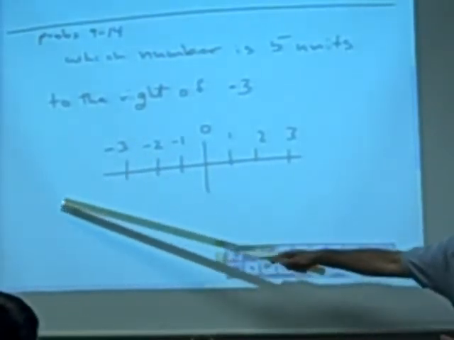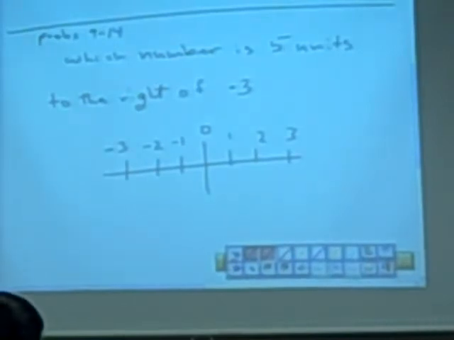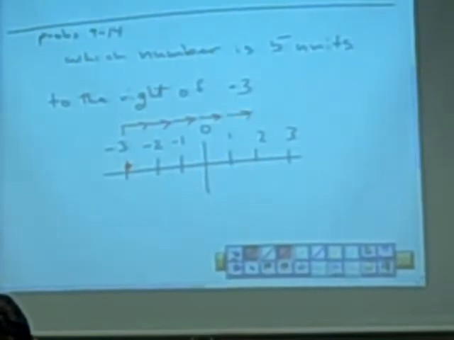So the more negative you go, the more in the hole, or the lesser number you have. So as we're going from -3, and we're going 5 units, 1, 2, 3, 4, 5.